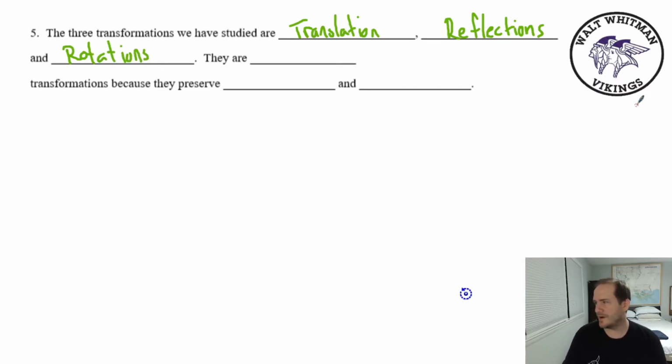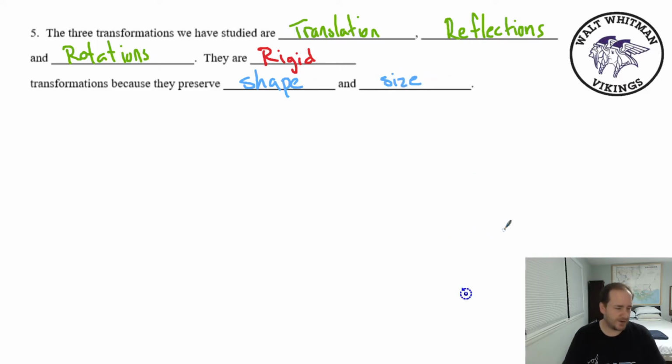And we said that all three of those terms are called the rigid transformations. R-I-G-I-D, rigid. They're called the rigid transformations because when you use them, they preserve, meaning they do not change, the shape or size of the figure that you're working on.